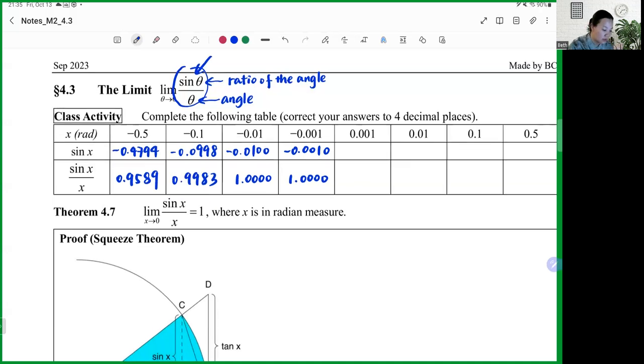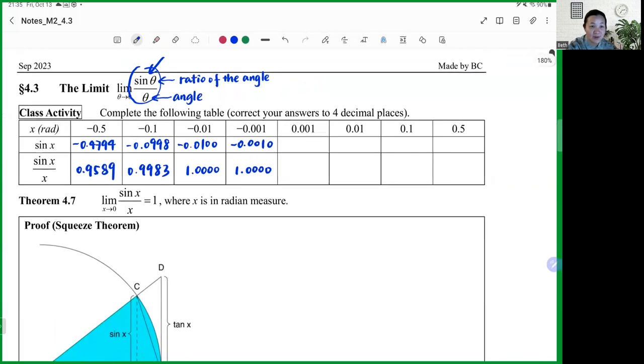Now with the positive numbers as well, I'll just copy the answers because only the negative sign is changed. 0.4794, 0.9589. This one you can still see a little bit of difference.